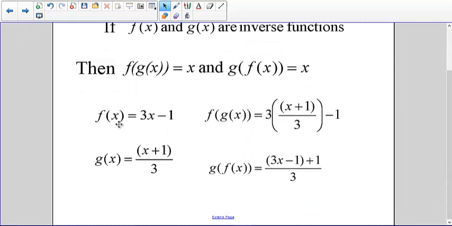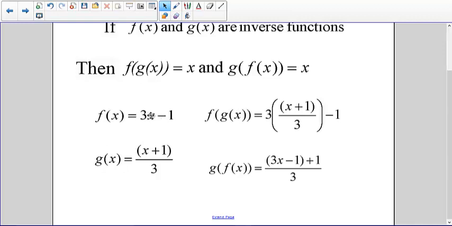So let's say f of x is 3x minus 1, and g of x is (x plus 1) over 3. We don't know that they're inverse functions. The way that we could check that they are inverse functions is to do the composite function. So f of g of x, what you do is you stick g of x in for x and then simplify it.